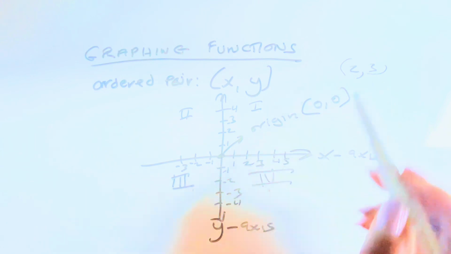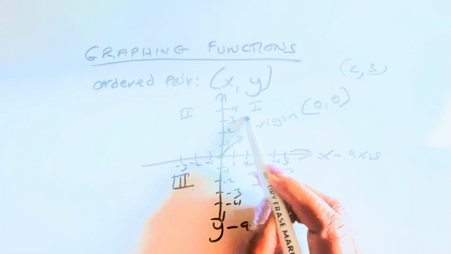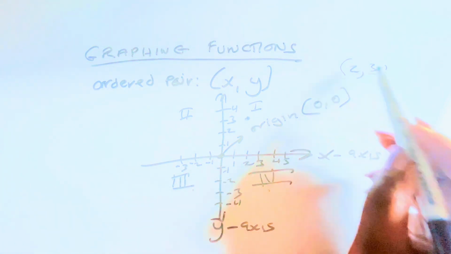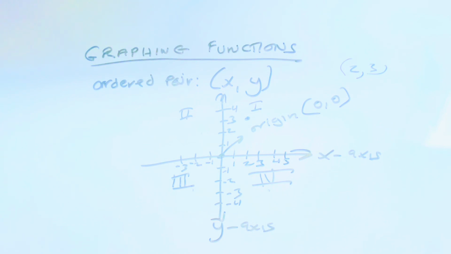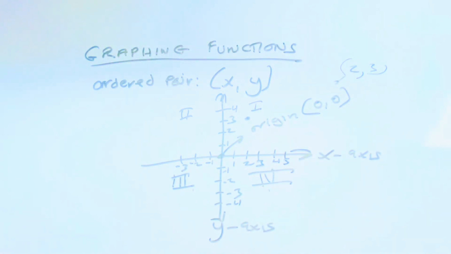Since we're looking for point 3, this is our first point on the x-axis, 2. Now here's 3. So this point here is 2, 3. In summary, we first plot the x point, and then we plot the y coordinate by moving up or down on the y-axis.